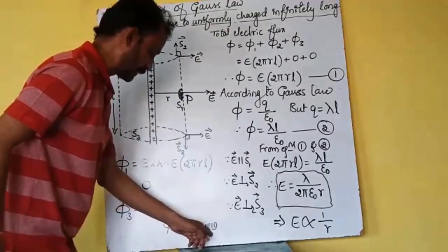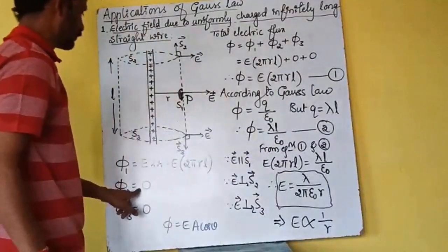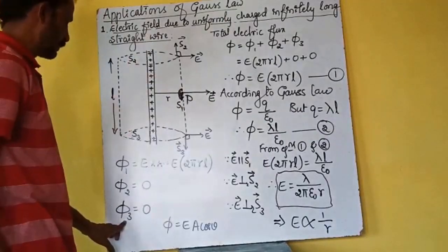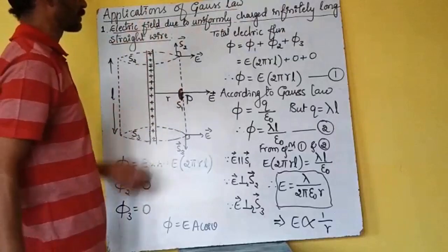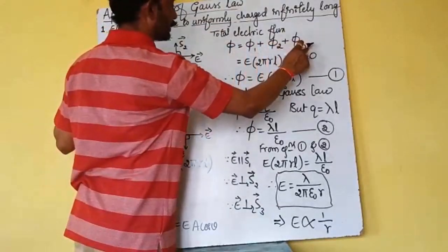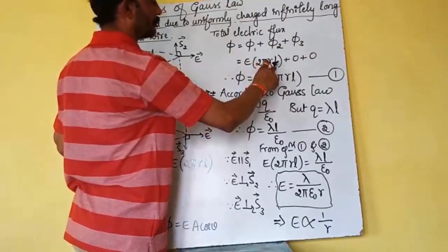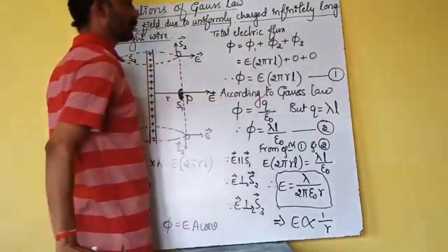Here theta is 90 degrees, therefore cos 90 is 0. The electric flux is 0 through the plane surface S2 and similarly through the plane surface S3. The total electric flux through the entire Gaussian cylinder is phi equals phi 1 plus phi 2 plus phi 3, equal to E into 2 pi r L, plus phi 2 which is 0, and plus phi 3 which is also 0.